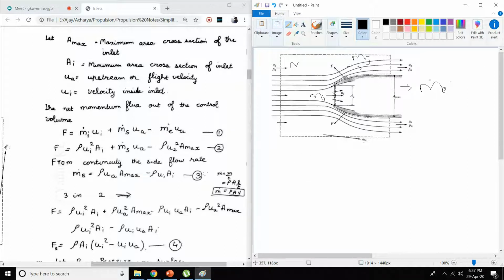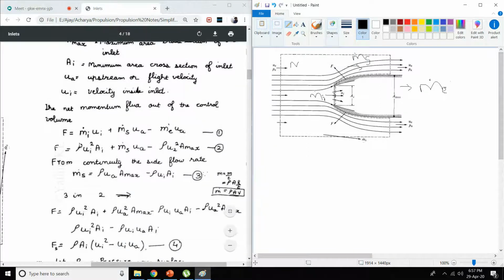So if you take the force equation, or the thrust, in which direction it is moving, your thrust or force is given by MI, and MS is in the same direction, the spillage, correct?